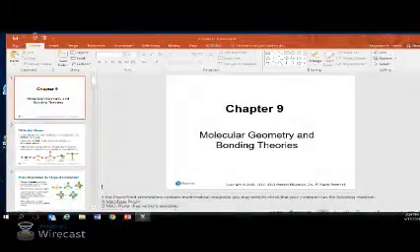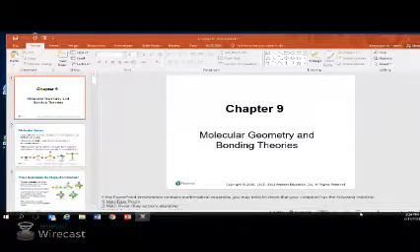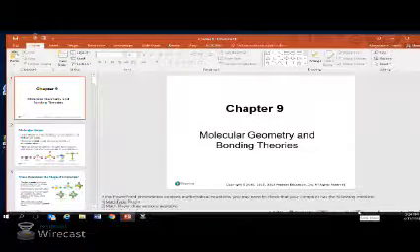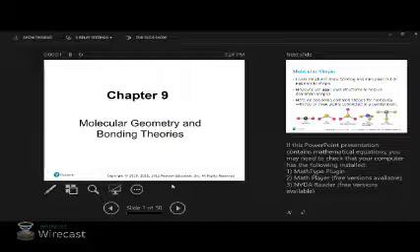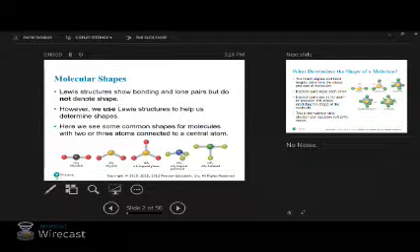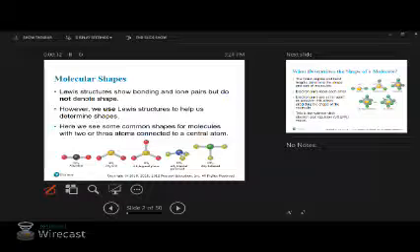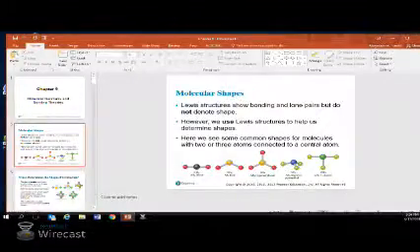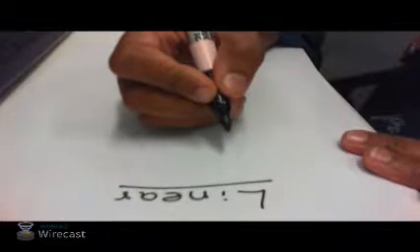For example, if you see in this diagram on the next slide, this is linear. This is the central atom. Two electron groups around the central atom. It is linear. In the linear, bond angle is 180.